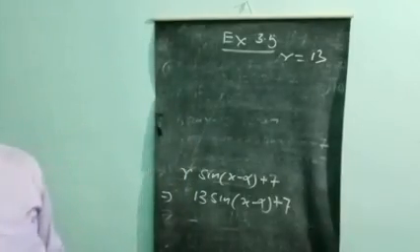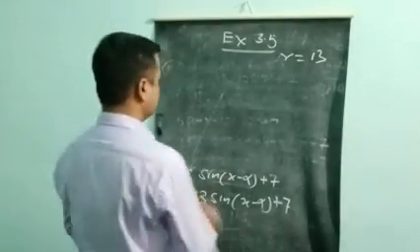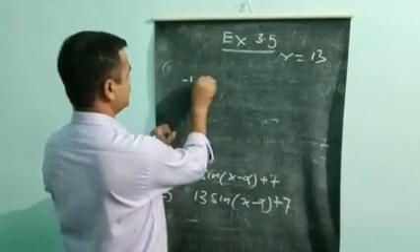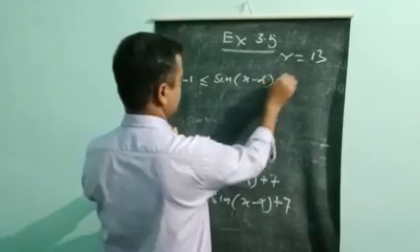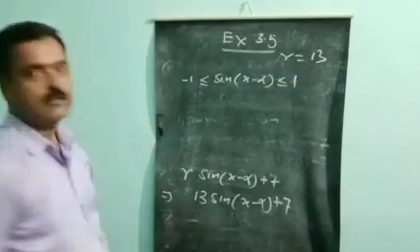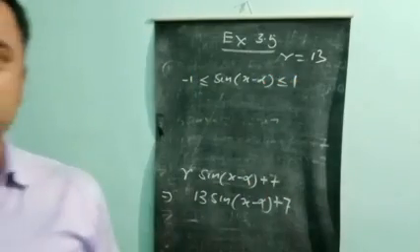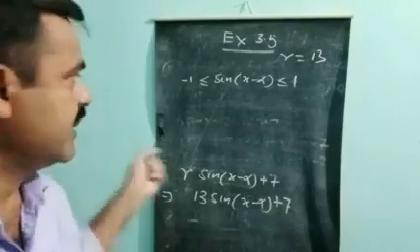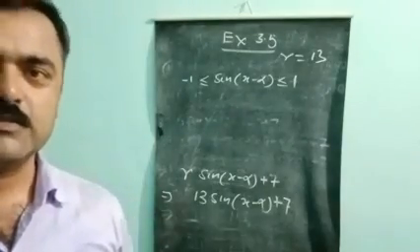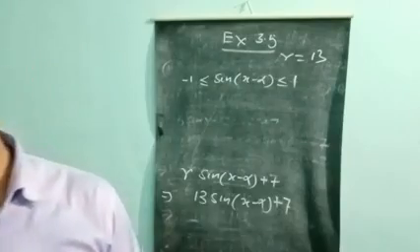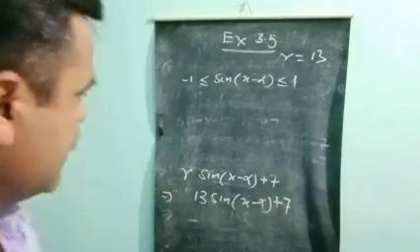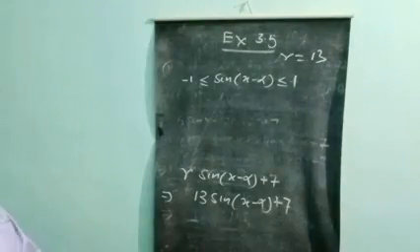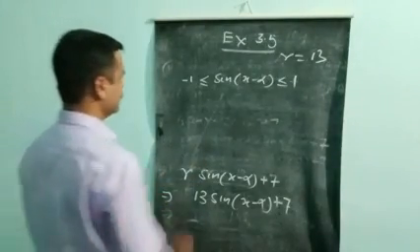So definitely we will do here: -1 is less than or equal to sin(x minus alpha) is less than or equal to 1, because you know sin lies between -1 to +1. So similarly sin(x minus alpha) will also lie between -1 to +1. And here 13 is multiplied, so multiply by 13 on both sides.